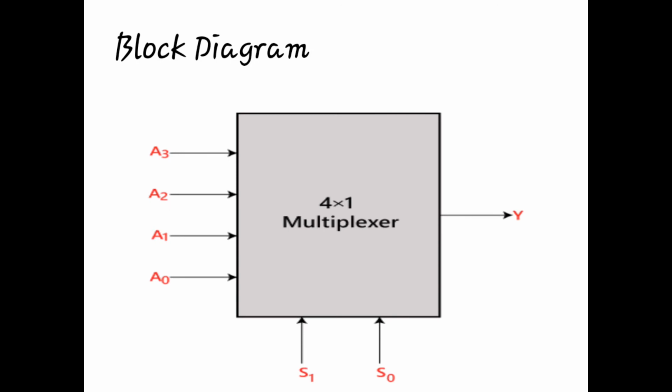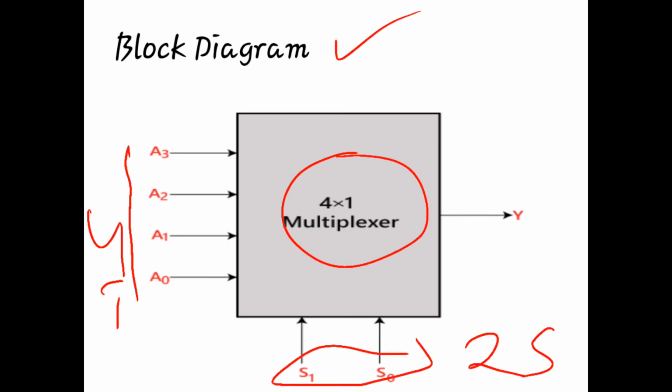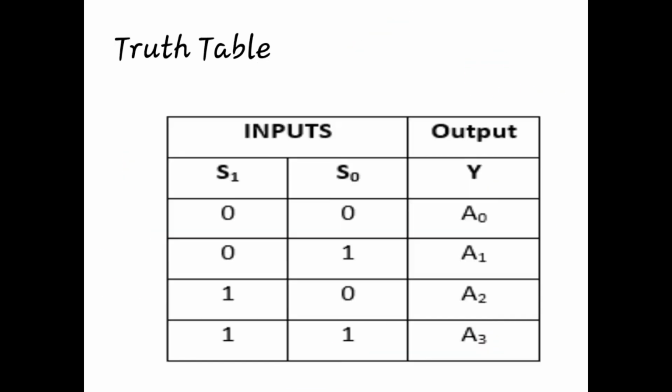So this is the block diagram of a 4x1 multiplexer. We are having 4 inputs, 2 select lines, and this is the single output.